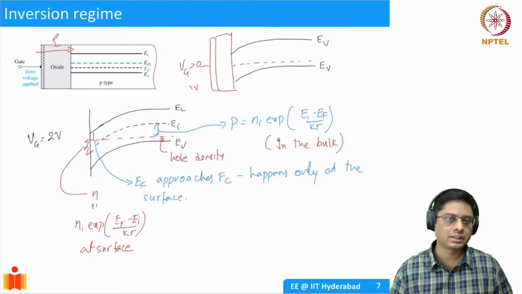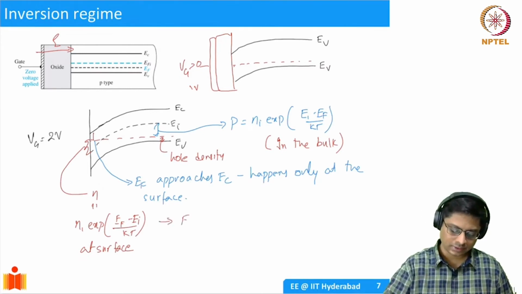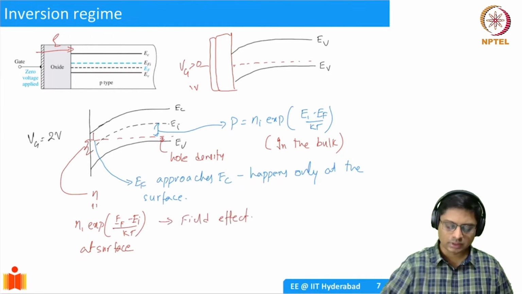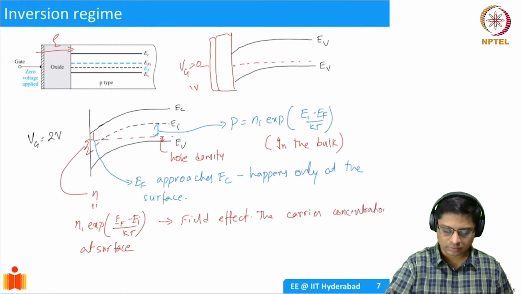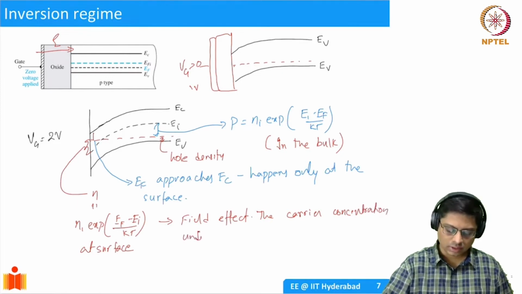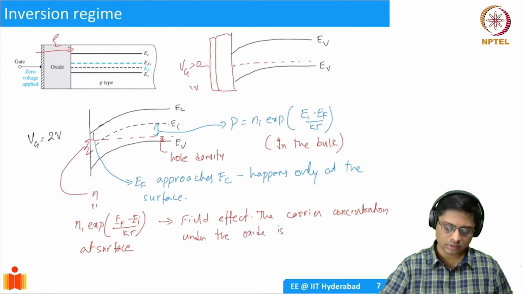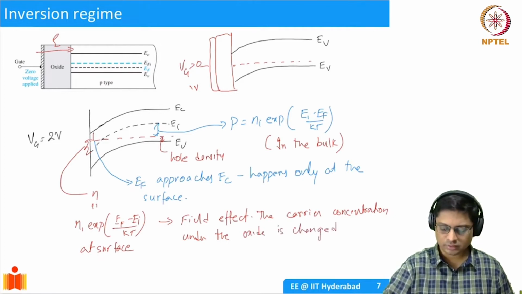This phenomenon is called the field effect. So the carrier concentration under the oxide is changed by applying an electric field.